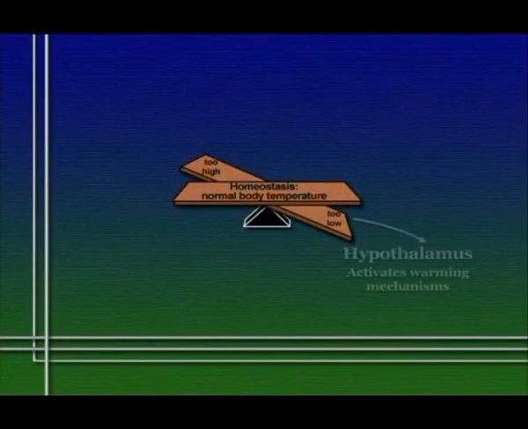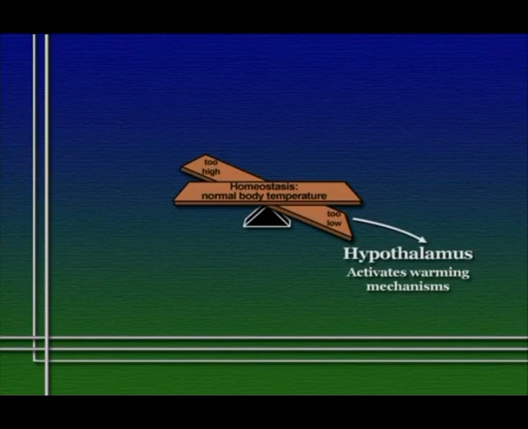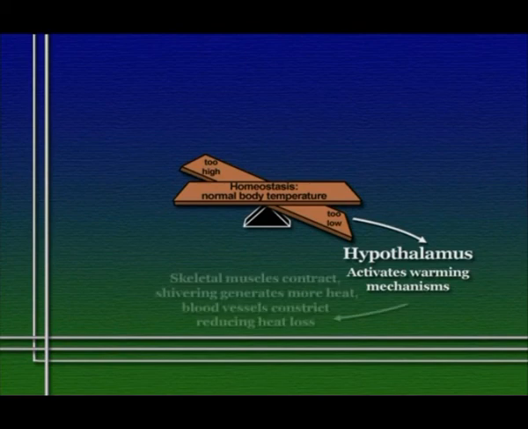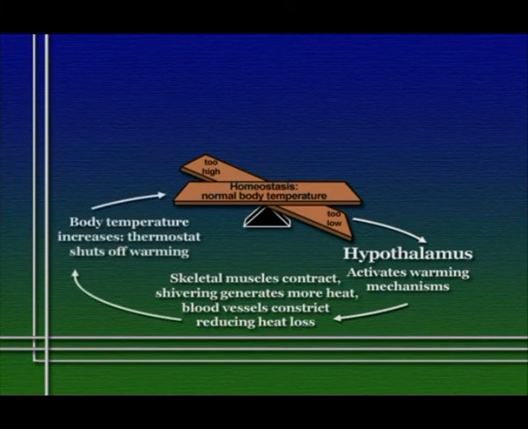Well, with these pieces in place, how a mammal can regulate its temperature should be fairly clear by now. If the temperature sensed by the hypothalamus falls below some set point, say 98.6 degrees Fahrenheit in the case of humans, then the hypothalamus will trigger a number of physiological responses that are effectors that will increase the temperature.